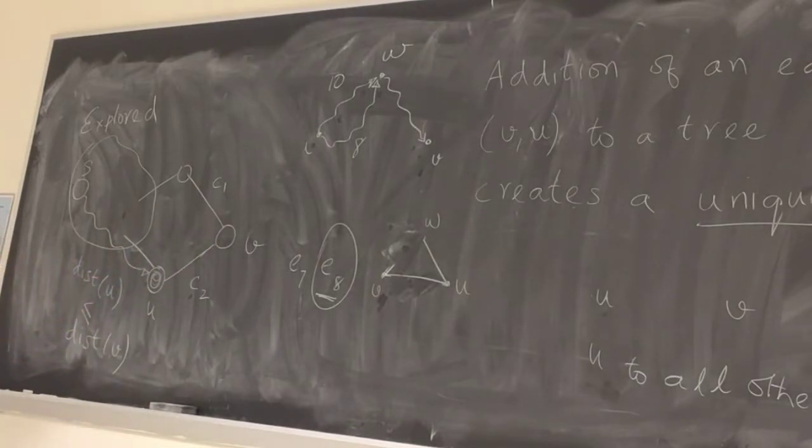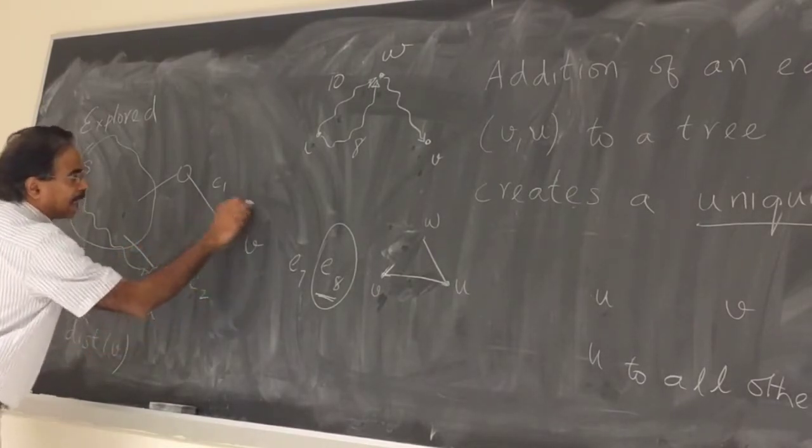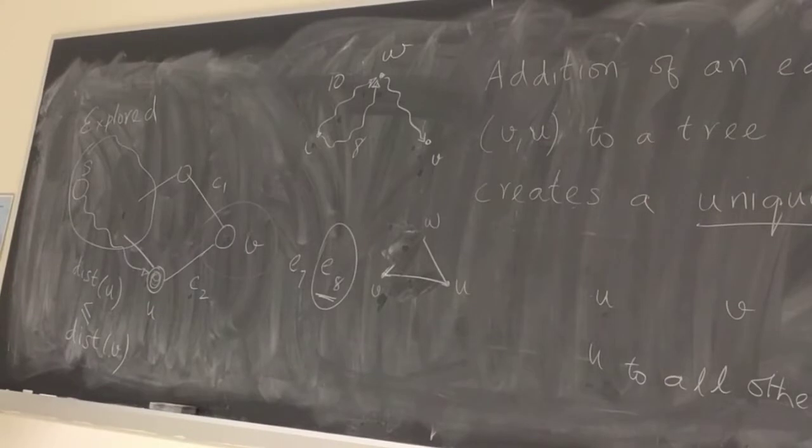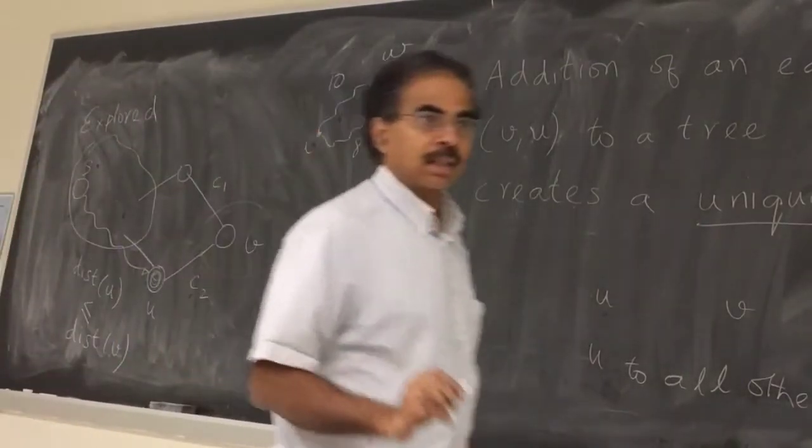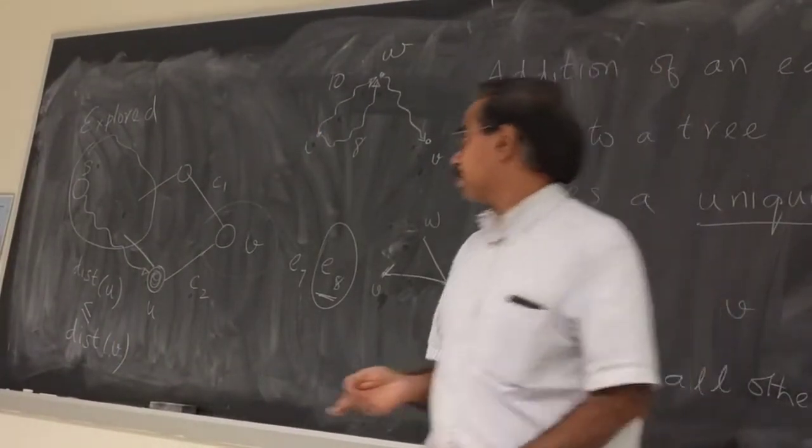What that means is that V does not have to be added to this explored set until we have added U to the explored set. Right? So this is why we only need to look at the neighbors of the explored set in order to figure out which one is the lowest, right?